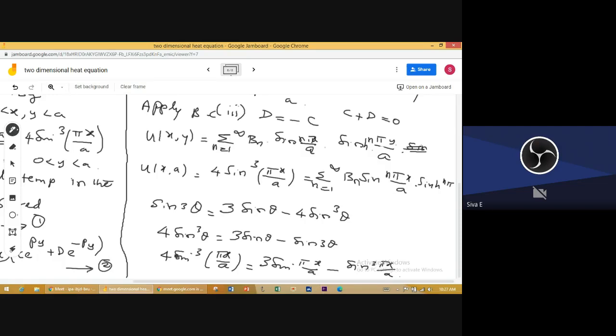So substituting 4 sin cube pi x by a in this equation, you substitute that.